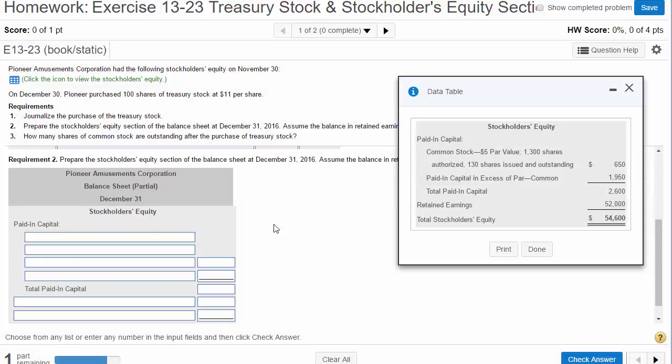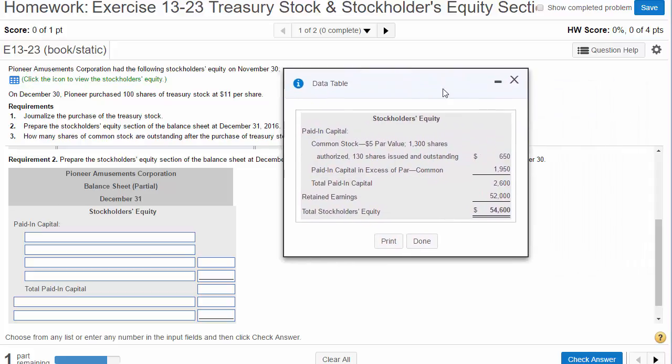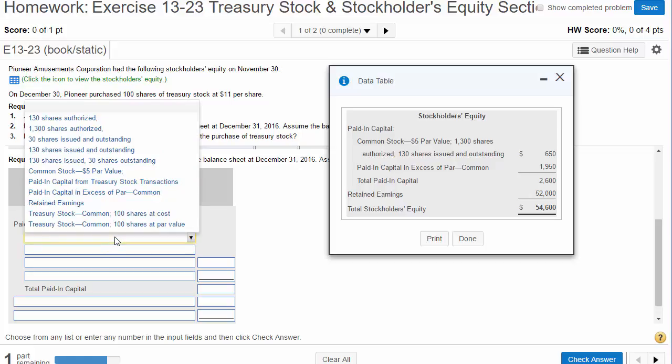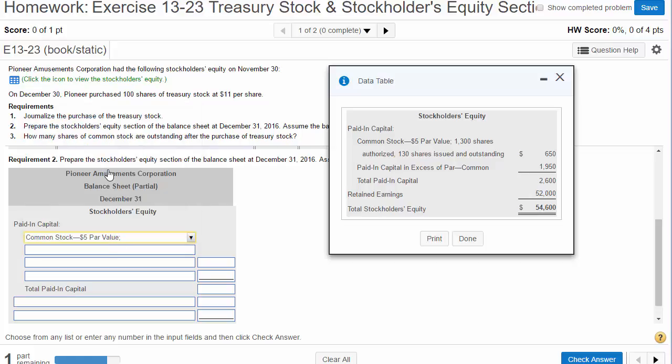Now we're going to redo our stockholders' equity section of the balance sheet. So here was before the transaction. Now we have to do it after the transaction. We're going to follow the same format, and the only difference is this purchase of the Treasury stock. We're going to start with common stock, $5 par value, 1,300 shares authorized.